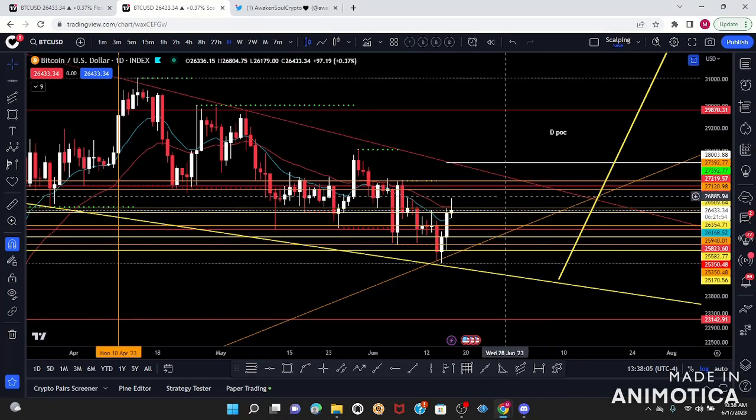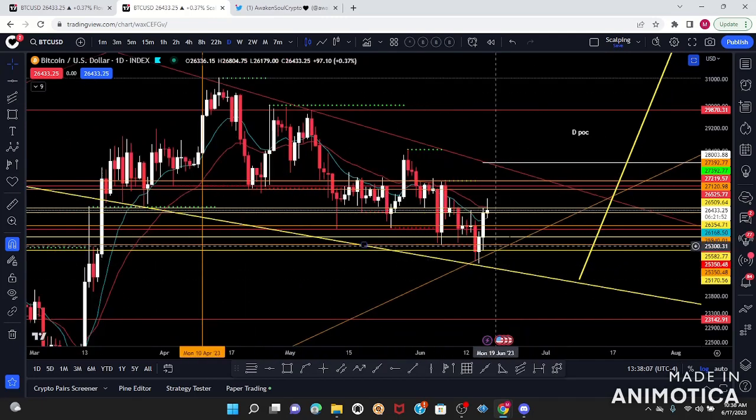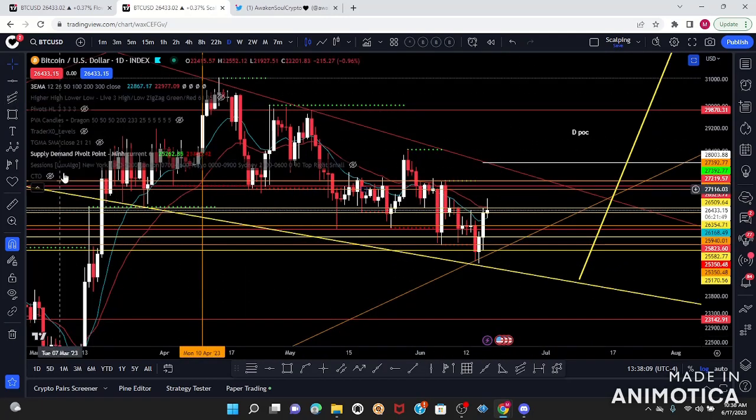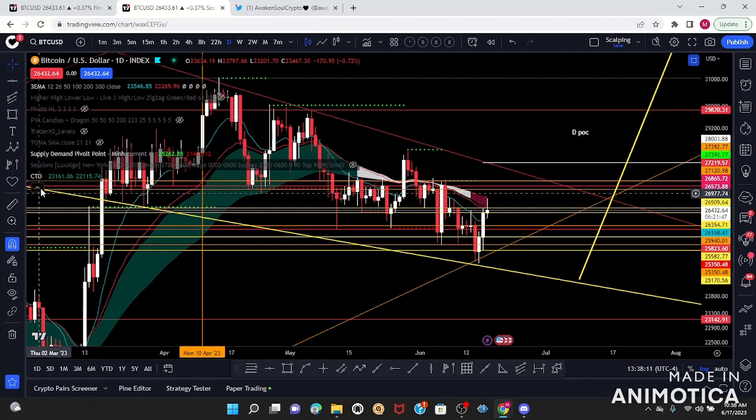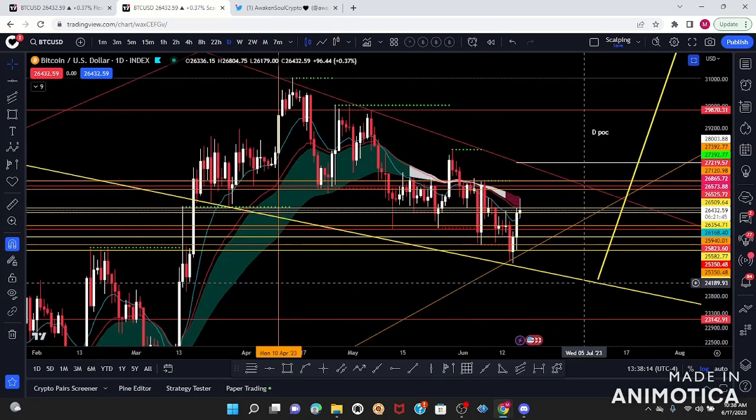So now in my daily, I'm looking at the shift, I'm looking at the waves, I'm looking at the way the mechanics are flowing within cryptocurrency, within Bitcoin, right? Understand everything has to go with the flow.